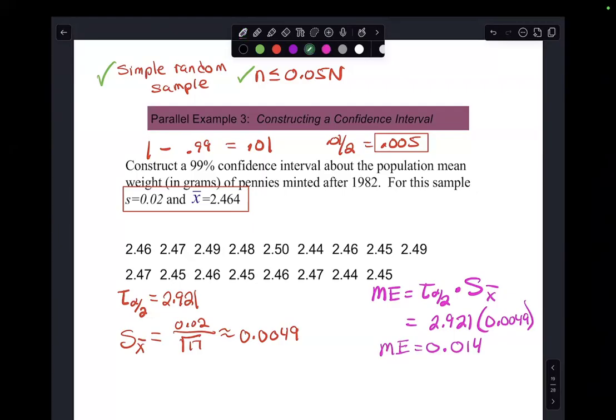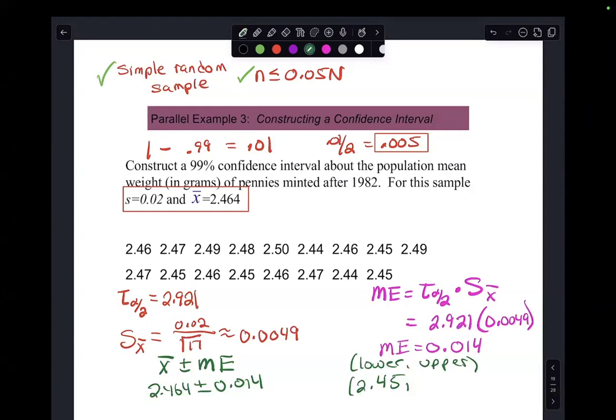I can do the mean plus or minus my margin of error, which would give me 2.464 plus or minus 0.014, or I can do lower, comma, upper. 2.464 minus 0.014, I'm going to just do 2.45 because rounding is tricky there. Then 2.464 plus 0.014 is 2.48.